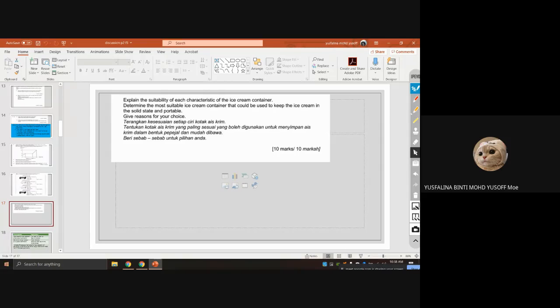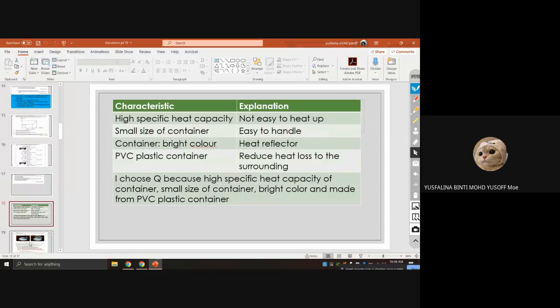For the specific heat capacity, of course you have to use the high specific heat capacity, so it's not easy to heat up. The container should be small size because they want the portable one, so it's easy to handle.